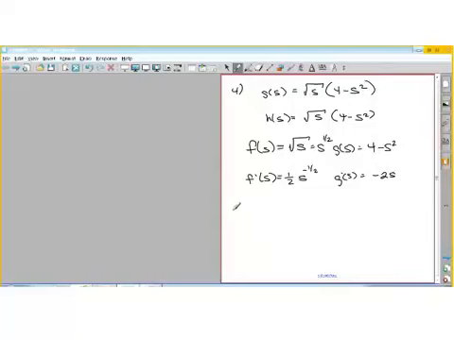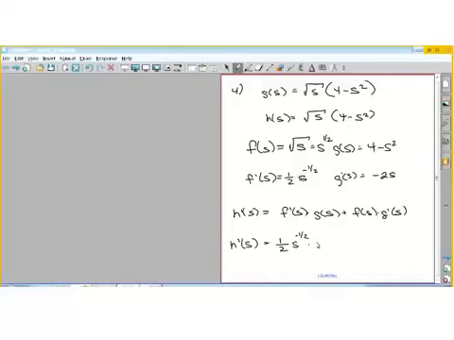So h prime of s is f prime of s times g of s plus f of s times g prime of s. So now we just plug in, so we have 1/2 s to the minus 1/2 times 4 minus s squared.